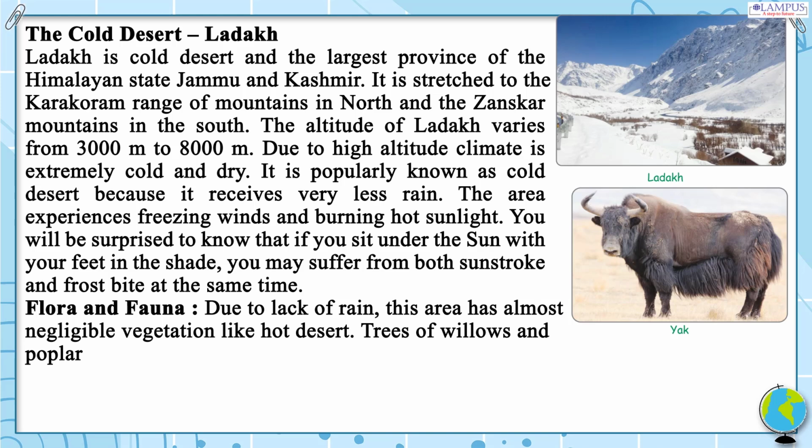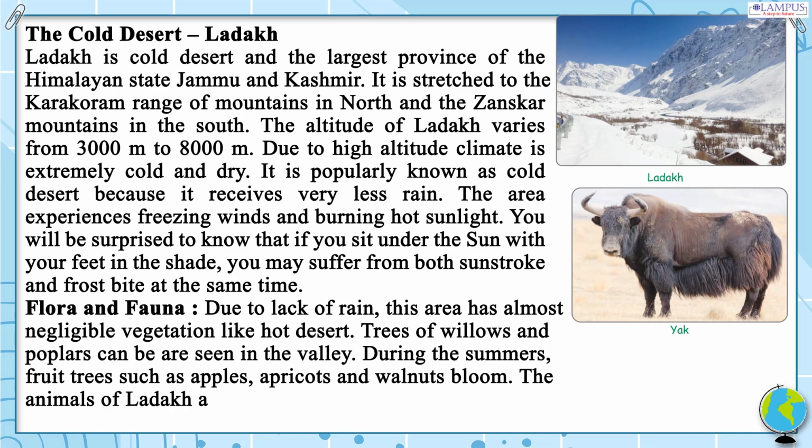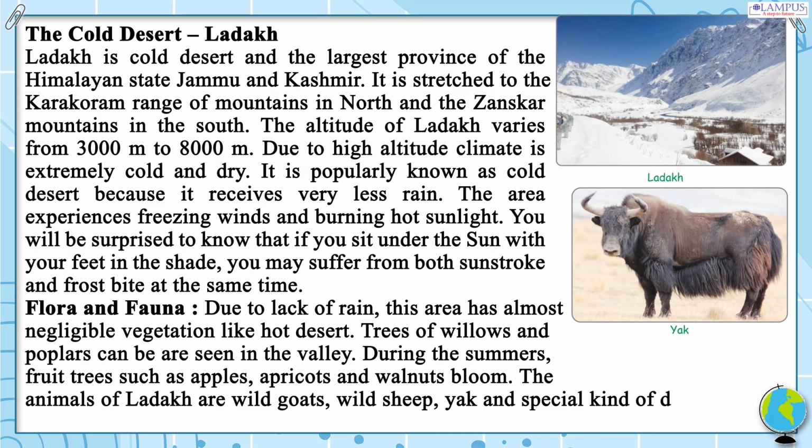Trees of willows and poplars can be seen in the valley. During the summers, fruit trees such as apples, apricots and walnuts bloom. The animals of Ladakh are wild goats, wild sheep, yak and a special kind of dog.